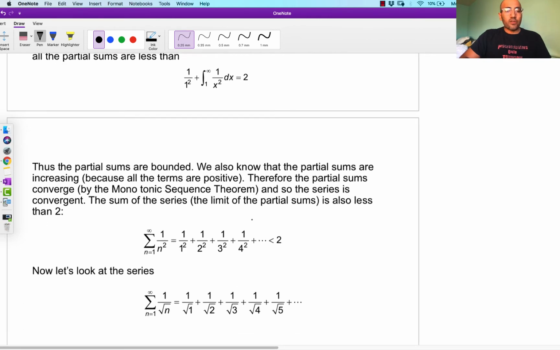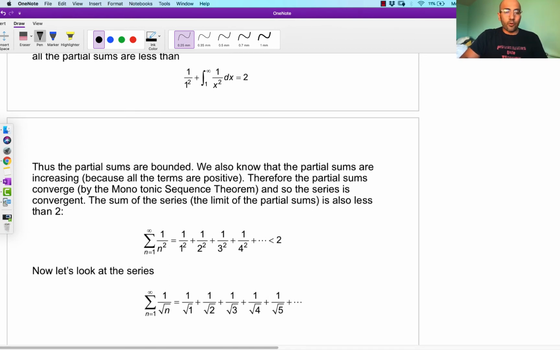Good. Notice that it was important for us to make sure that each of the terms is positive, because that guarantees that the series is increasing. If the terms were alternating between positive and negative, even if we have an upper bound, we can't guarantee that it's going to converge, because maybe it oscillates back and forth, or maybe it's decreasing and there's just a maximum bound, but there might not be a lower bound, or at least we haven't shown it yet.